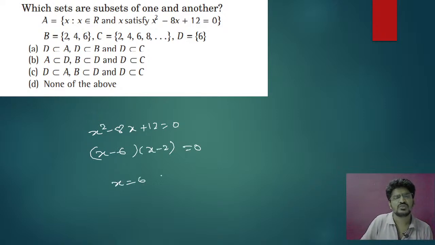So x will be equal to 6, x will be equal to 2. This is set A, that is {2, 6}.